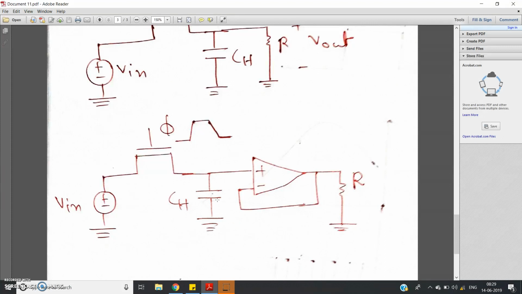It cannot find any path to discharge because on the left hand side phi is 0, so this is an open circuit, and on the right hand side also it is basically an open circuit, because in the op-amp there is no direct connection between the non-inverting terminal and the output.